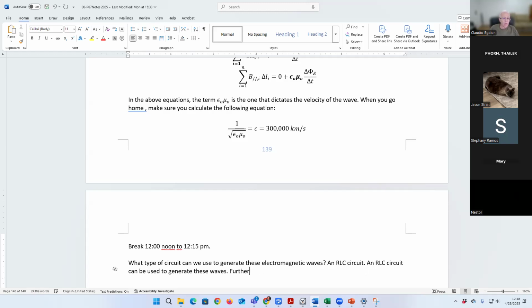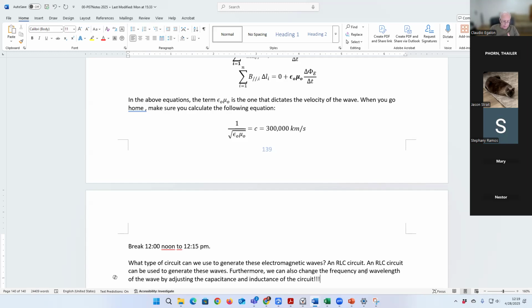Furthermore, we can also change the frequency and wavelengths of the wave by adjusting the capacitance and inductance of the circuit. Okay? That's how our antennas are done. Our antennas are done with an RLC circuit.